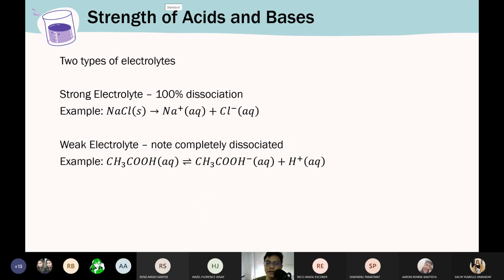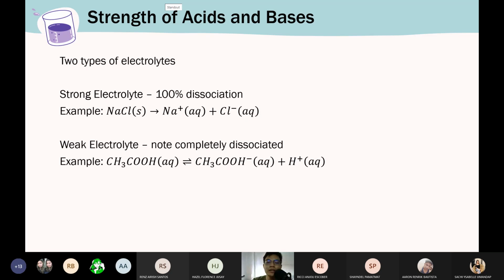For strong electrolytes, it is fully dissociated, okay, such as those in ionic compounds na. So metal, non-metal, if you split them, they are strong electrolytes, no? So they completely dissociate.